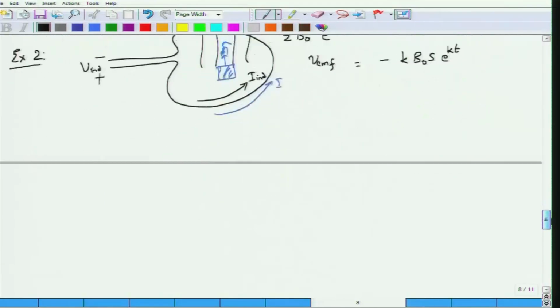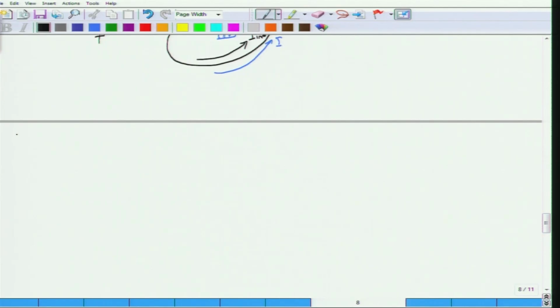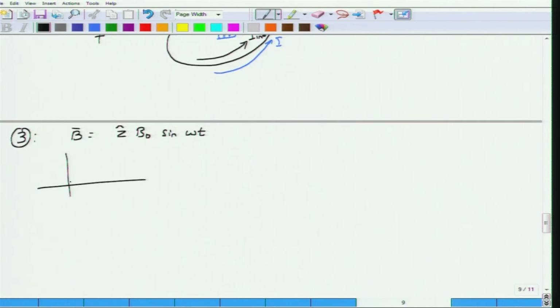As a third example, consider an alternating field applied. In this we are going to apply a magnetic field of z hat B0 sin omega t. So, during the first half at least the magnetic field is actually increasing, which means that dB by dt will actually be cos omega t, and cos omega t is decreasing but it is still positive, right.